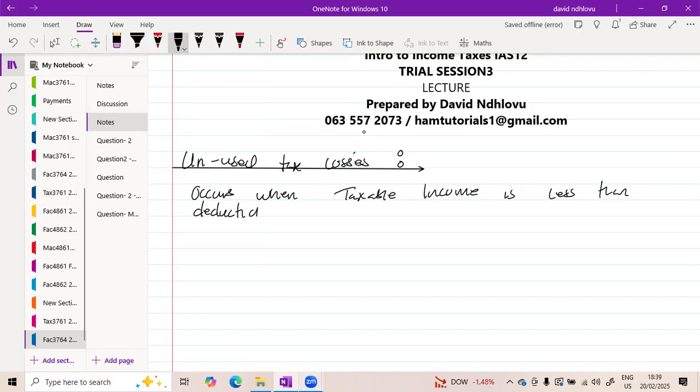This occurs when taxable income is less than the deductions. In other words, we then incur a tax loss.